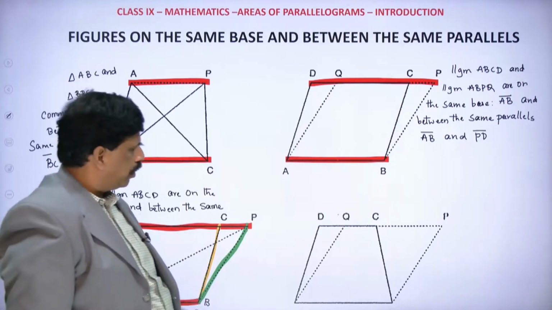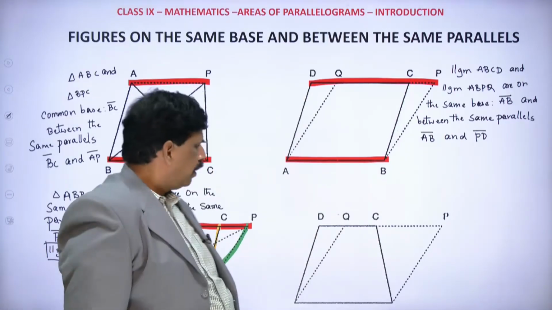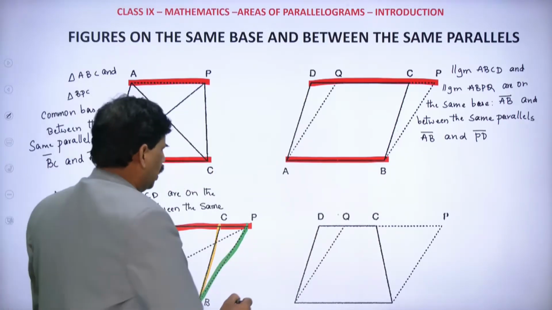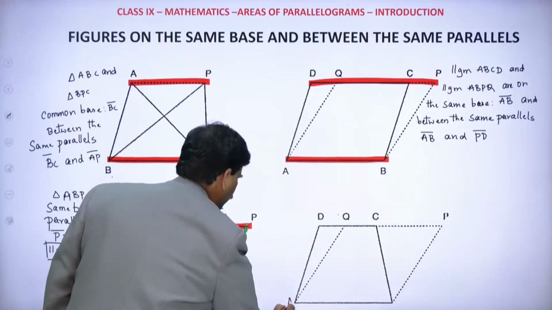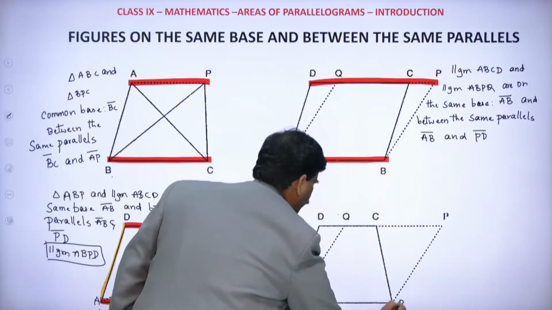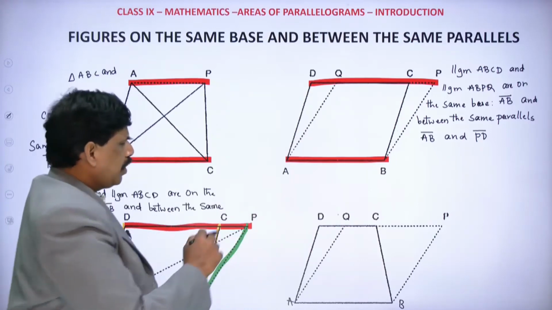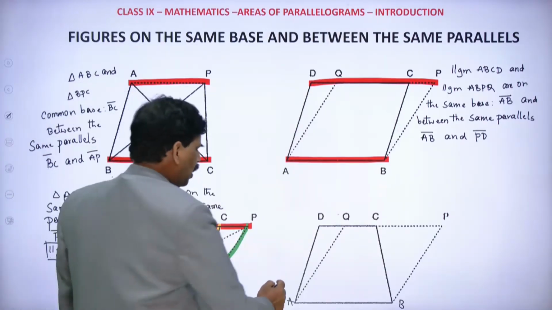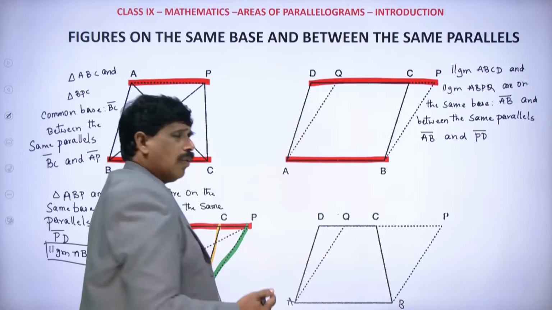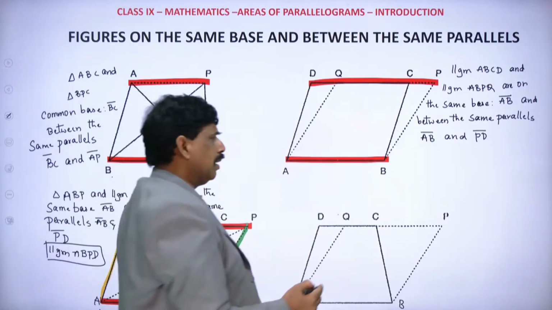Now you look at here what you are seeing there. You are finding two figures here. So this is A, this is B. So you are seeing ABCD. What is this? ABCD is one trapezium here.